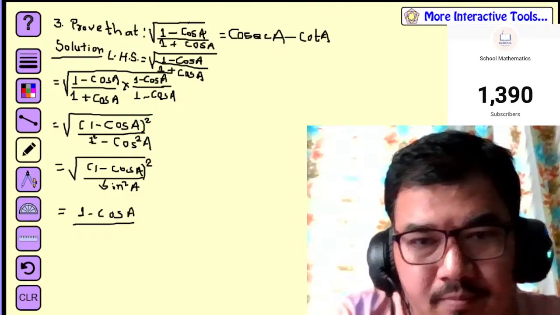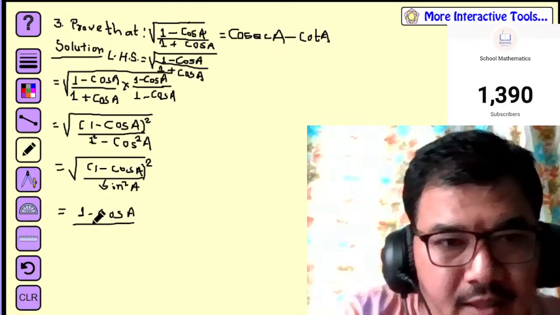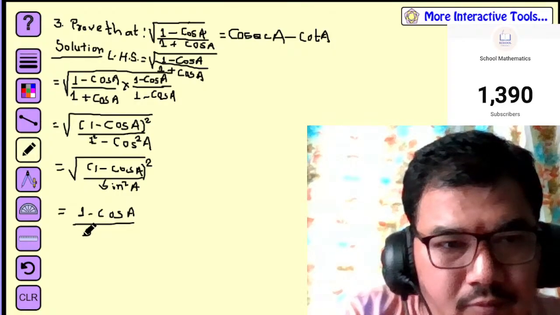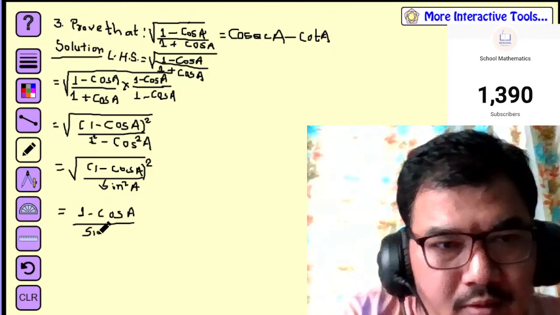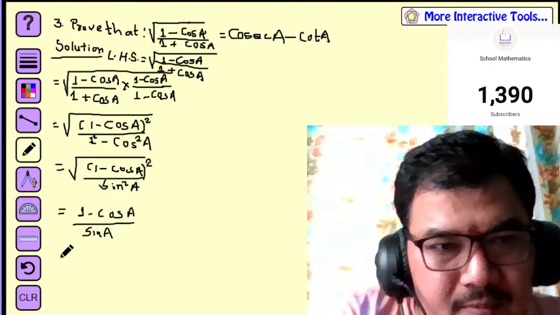Denominator there will remain sine A only. Here remains sine A. Then we can separate them, because the denominator is single.